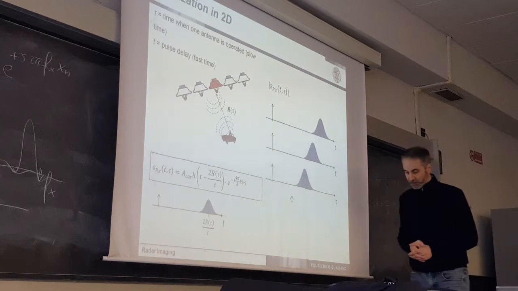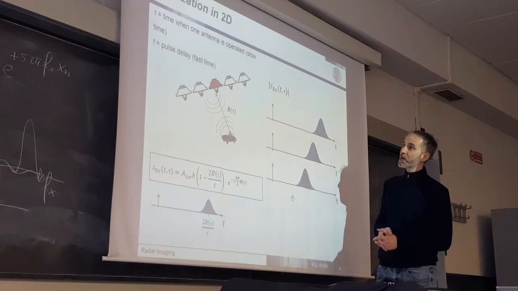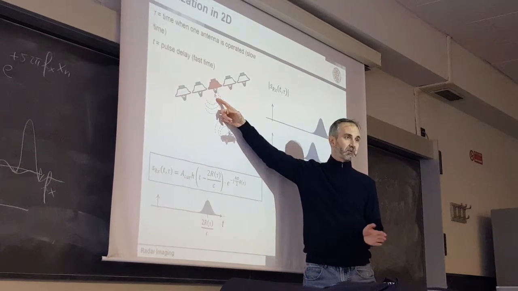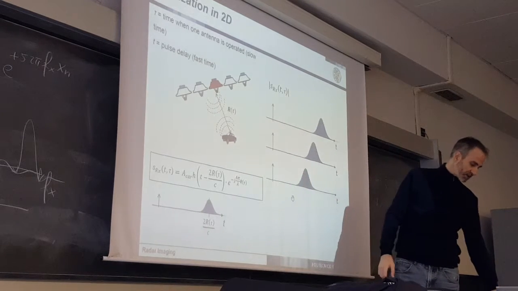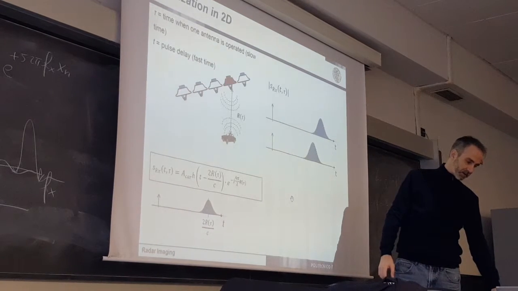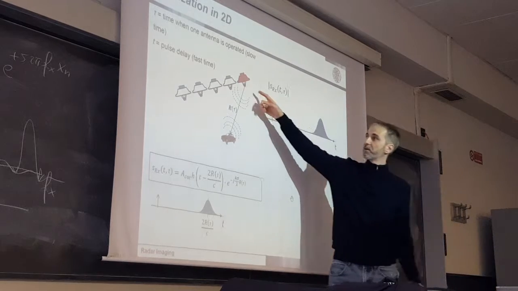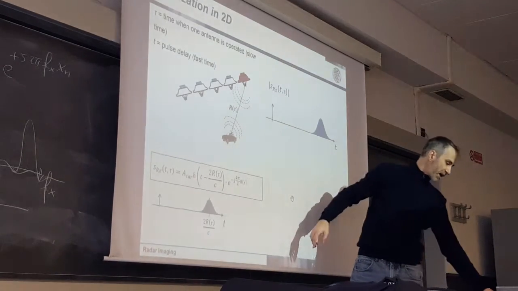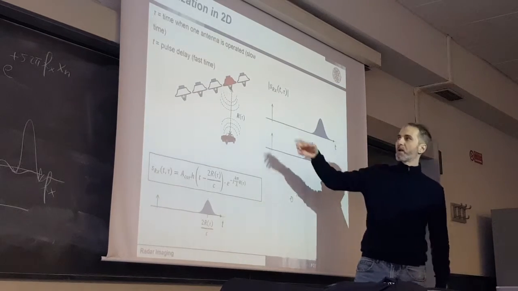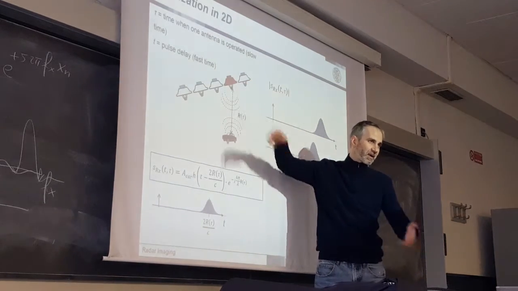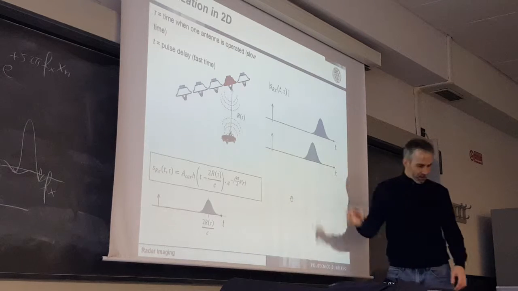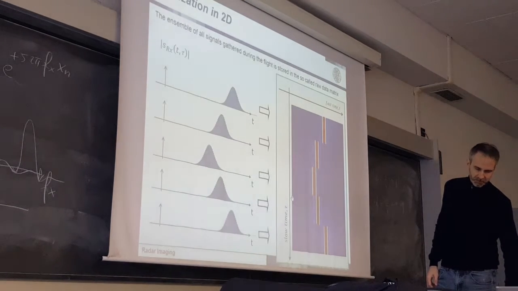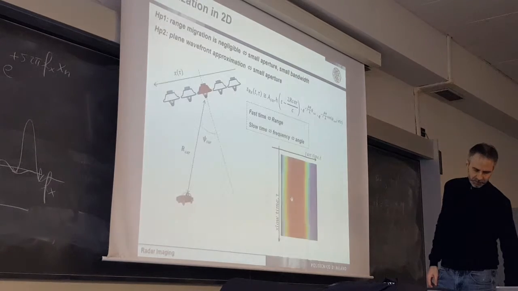The slow time, if you like, you can also substitute it with the antenna position. So slow time just means that at time 0, this antenna is operated. At time, I don't know, 1, this other antenna is operated, and 2 and 3. You can substitute with the antenna positions. Thank you. It really doesn't change.